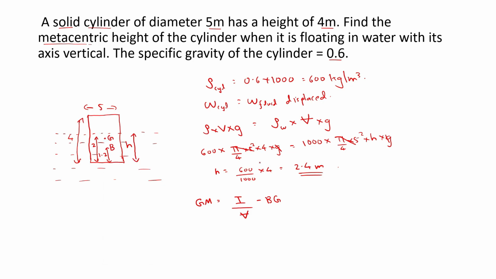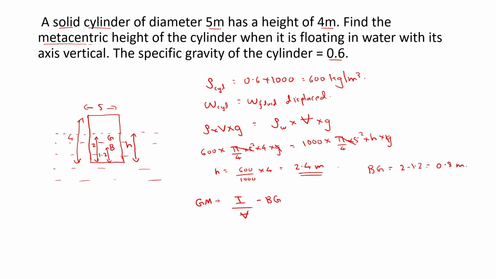That is 2 meter. Now BG will be equal to 2 minus 1.2, that is equal to 0.8 meter.